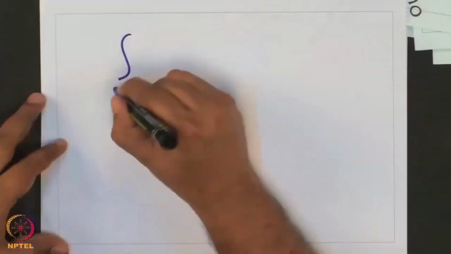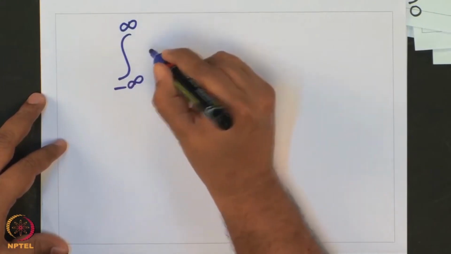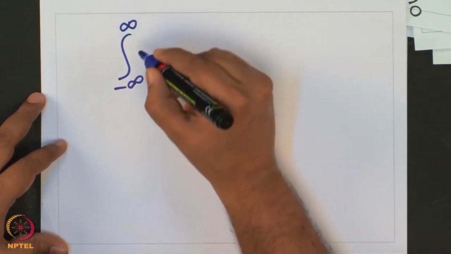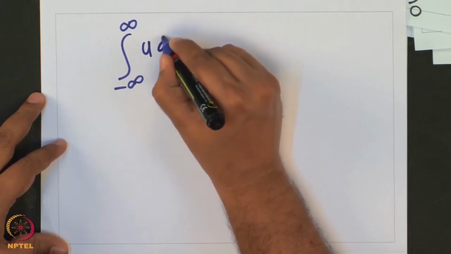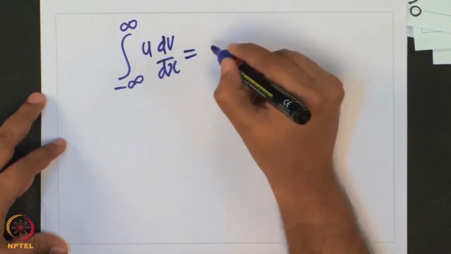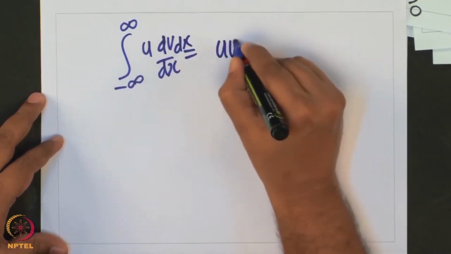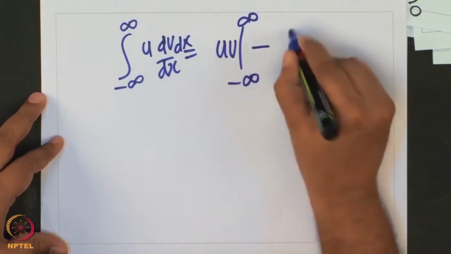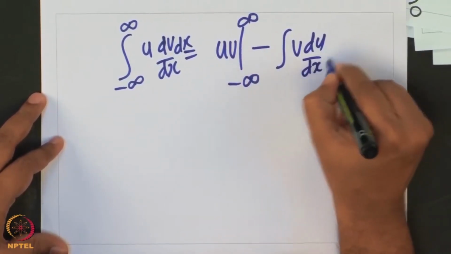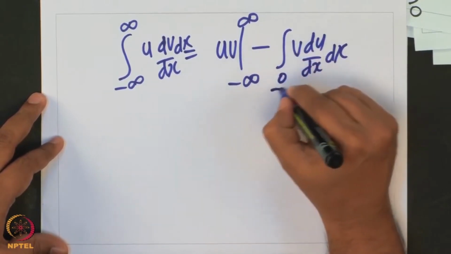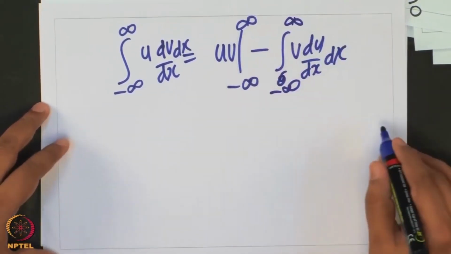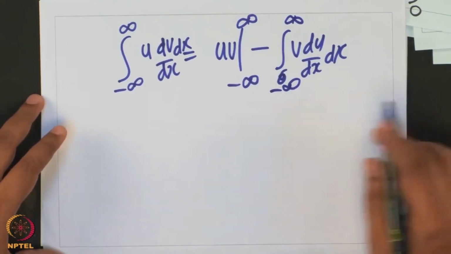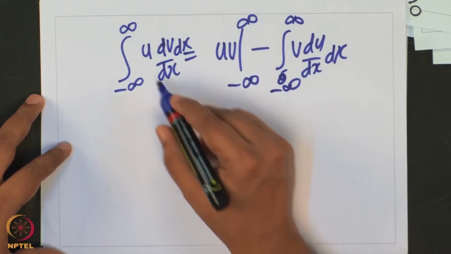For example, let us see other examples, like the integral from minus infinity to infinity of some function u times dv by dx dx, you would get uv from minus infinity to infinity minus the integral of v du by dx dx, from minus infinity to infinity.